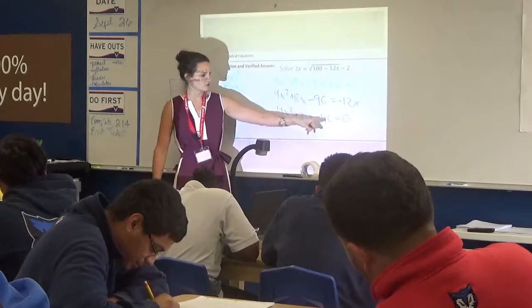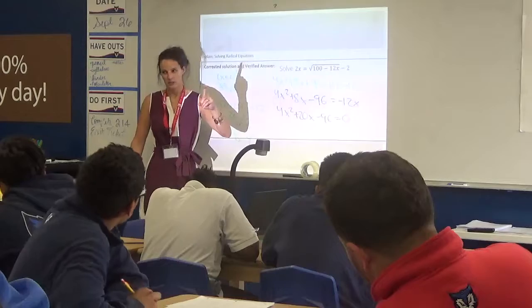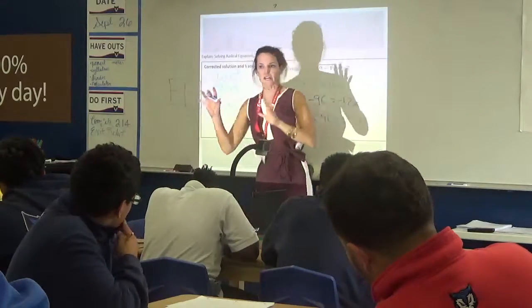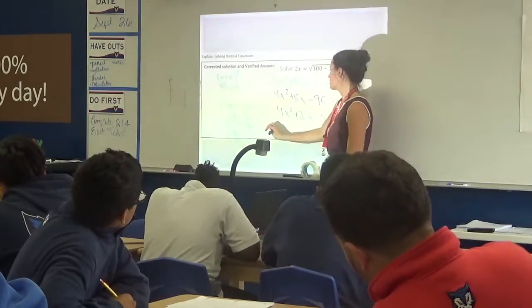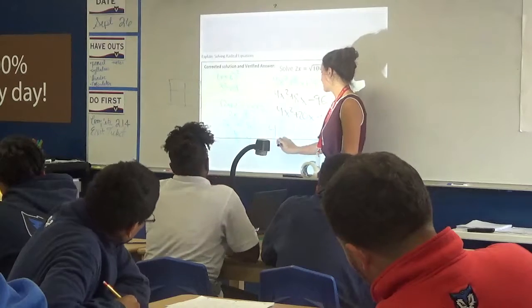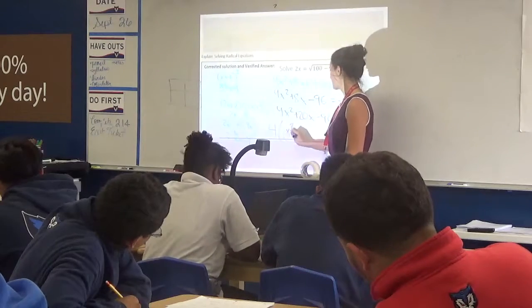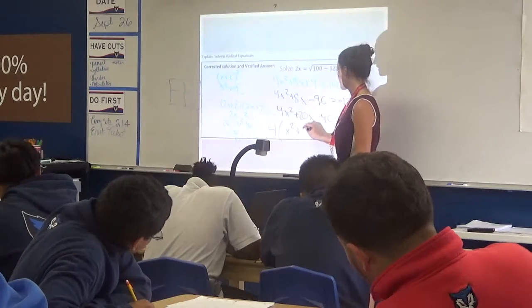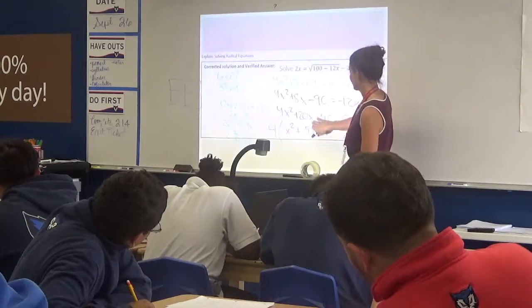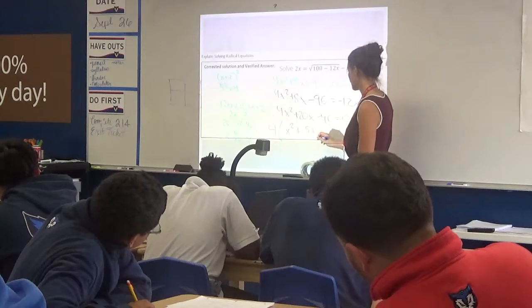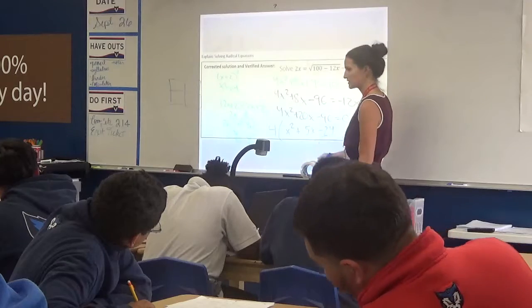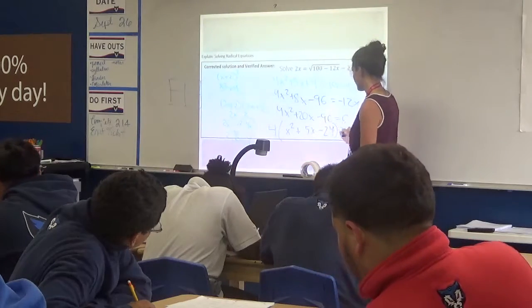Are all of these numbers divisible by 4? Yes, therefore, quick trick, you can factor out a 4 and say x squared plus 5x minus 24, since 24 times 4 gives us 96, equals 0.